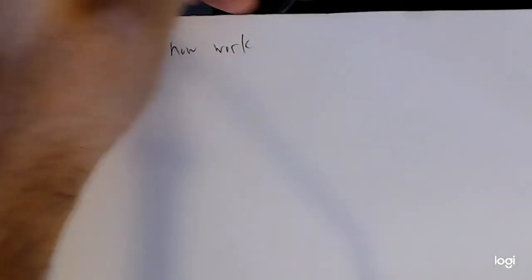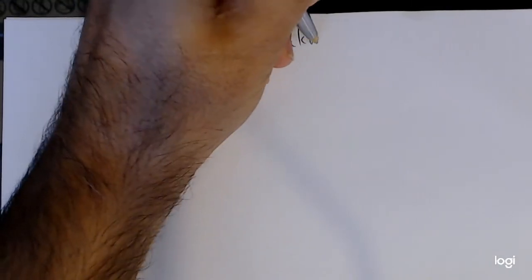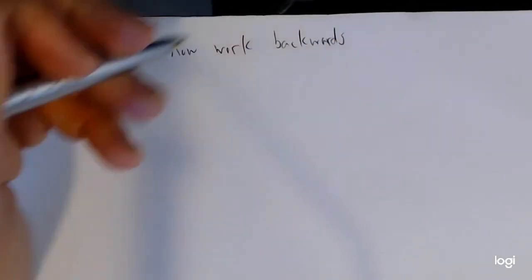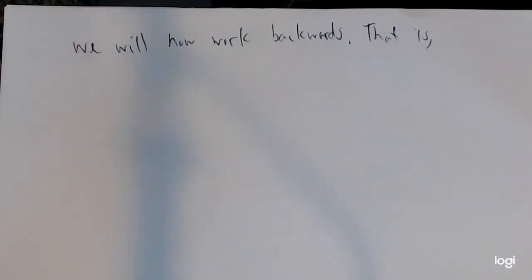So let's talk about the last idea here. Now what we're going to do, technically speaking, is kind of like working backwards. If you look at the earlier example we did, we were given the angle and we were asked to find the exact values. Now we're going to work backwards.